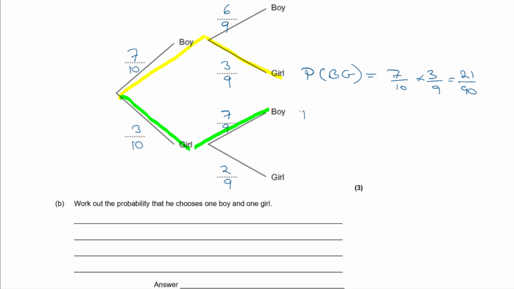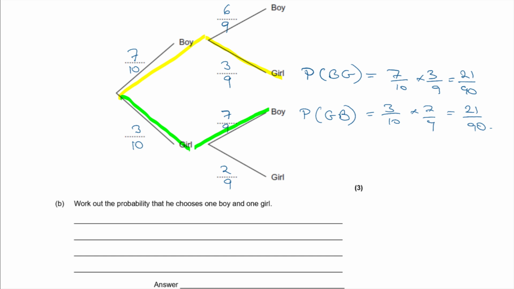And then probability of girl boy, that's going to be 3/10 times 7/9. Now notice the probabilities come out the same anyway, which is pretty much always the case when you've got these things the other way around.